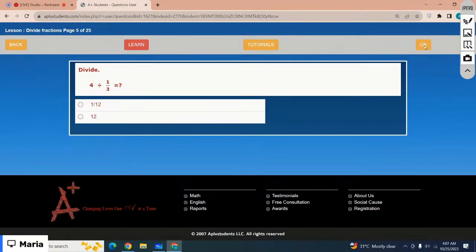Okay, the next one is 4 divided by 1 over 3. So, which is the correct option? Yes, that is 12. The correct option is 12.